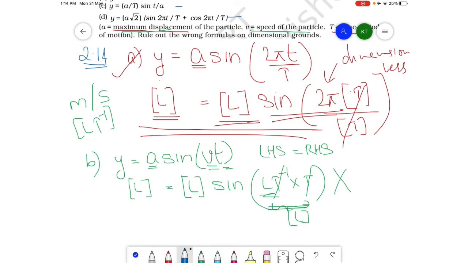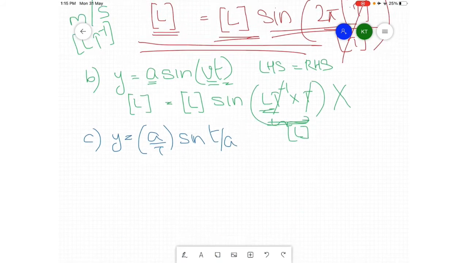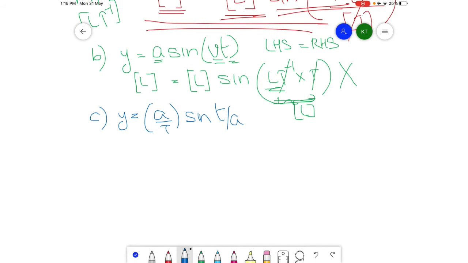Now, to solve the third part. The third part of the question is y equal to a by T sine t by a. Let's see if this equation is correct. LHS should be equal to RHS for this equation to be correct.